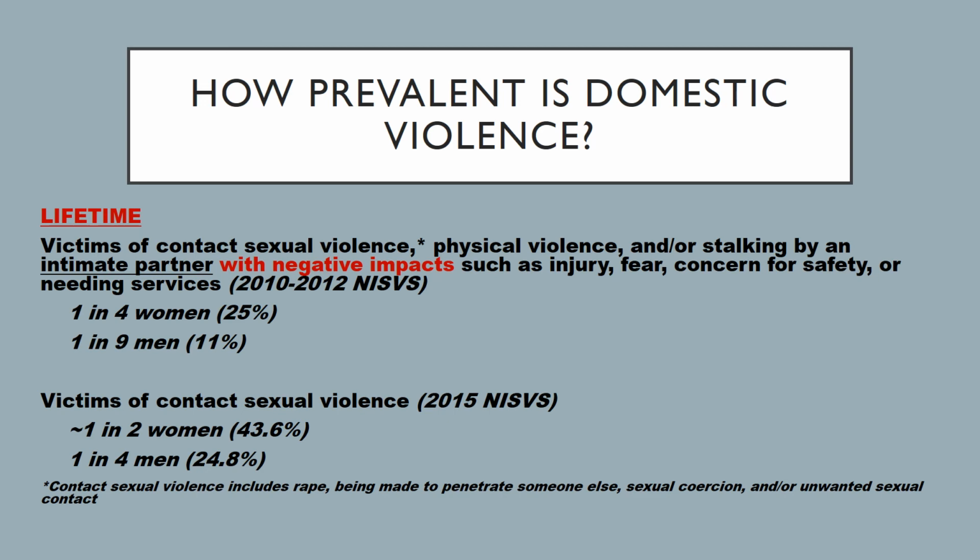So victims of contact sexual violence, physical violence, and/or stalking by an intimate partner with negative impacts, and that's a key thing, such as injury, fear, concern for safety, or needing services. Okay, so a very lengthy definition of lifetime prevalence of domestic violence. But you'll notice we've got to make sure of how it's being defined.